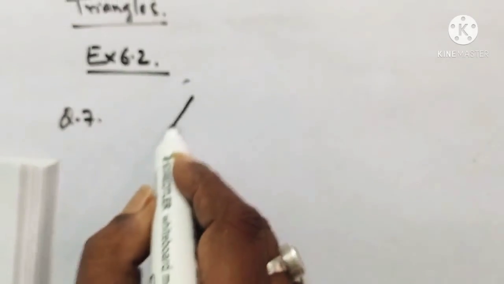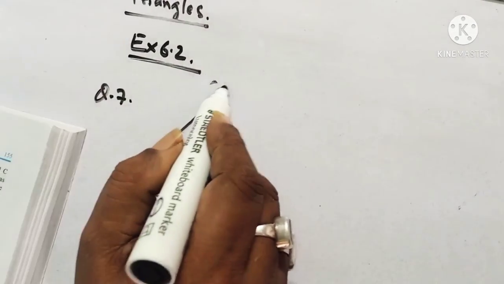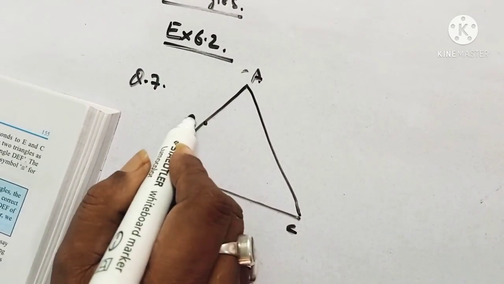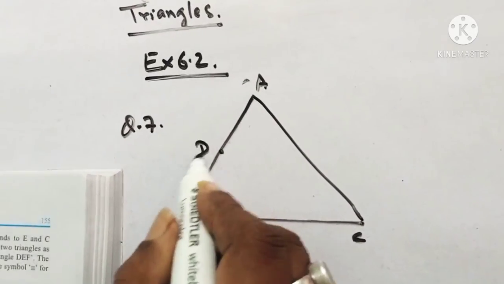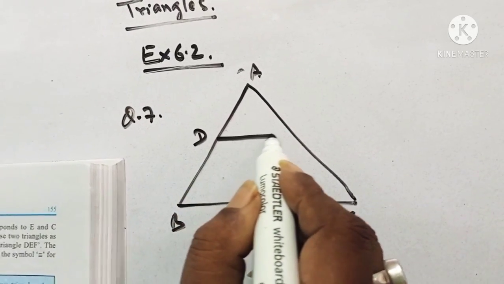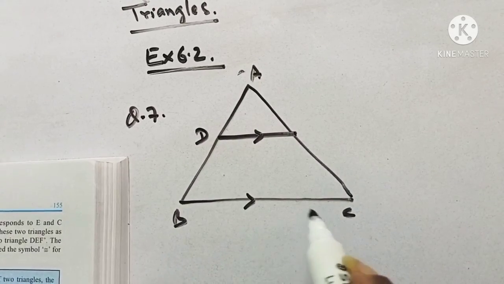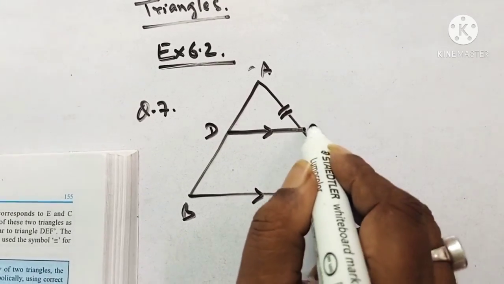So this is my triangle ABC, and a line drawn through the midpoint parallel to another side of a triangle bisects the third side.